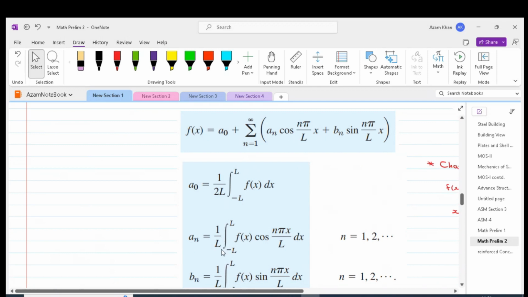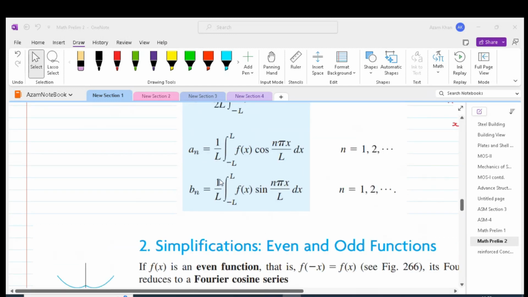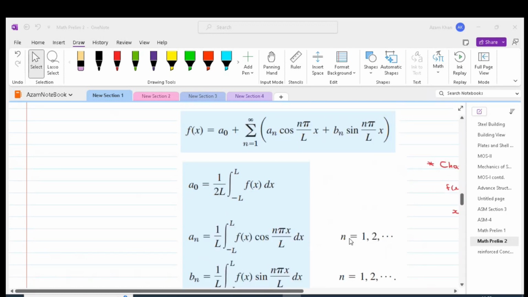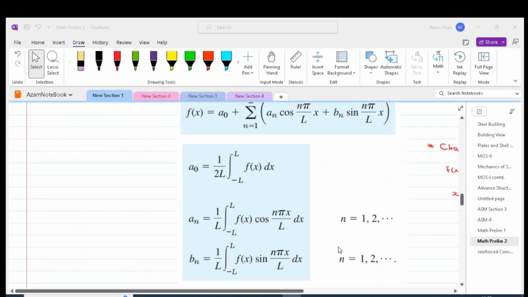An is equal to 1 by L integral minus L till plus L of f of x times cos n pi x over L dx. Finally, bn is equal to 1 by L integral minus L till plus L f of x times sine n pi x over L times dx, where n can be equal to 1 up till infinity.